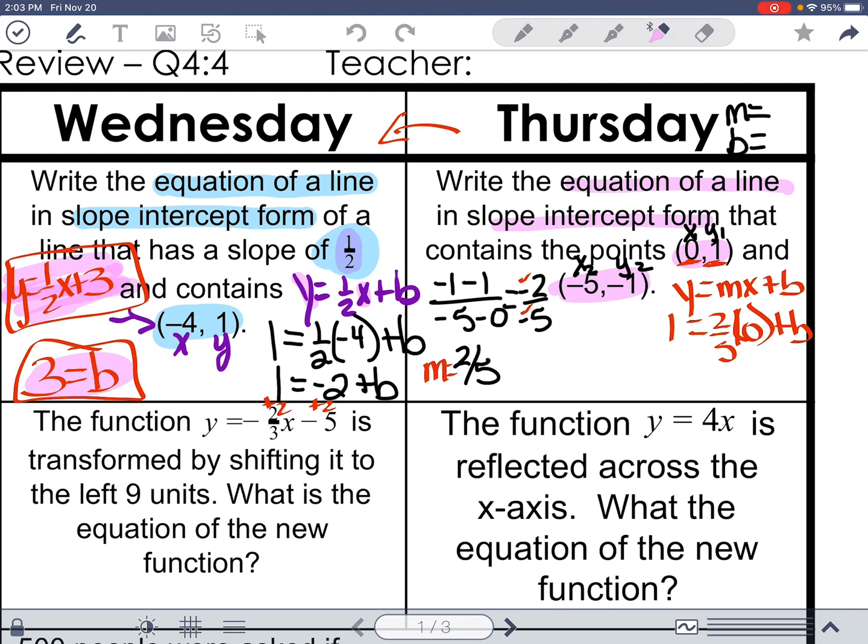Anything times 0 is 0, so we get rid of that. So the b equals 1. Now we have our two ingredients to write the equation. We have the m and the b. So to write this equation, it would be y equals 2/5 x plus 1. There you go.